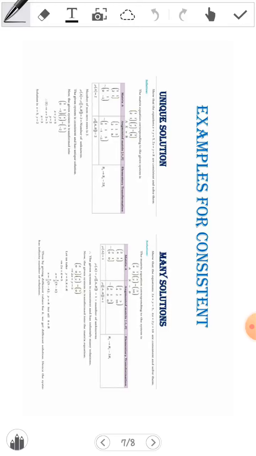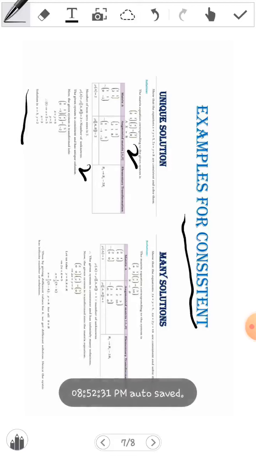Now let us see some examples for consistent. Both unique solution and many solutions are consistent. So for that we have an example of a 2 by 2 matrix having rank 2. So both unknown variables are 2 and the rank is also 2, so it has a unique solution, that is only one solution.